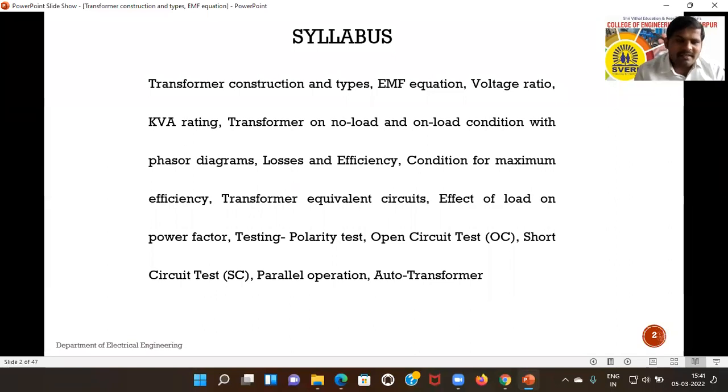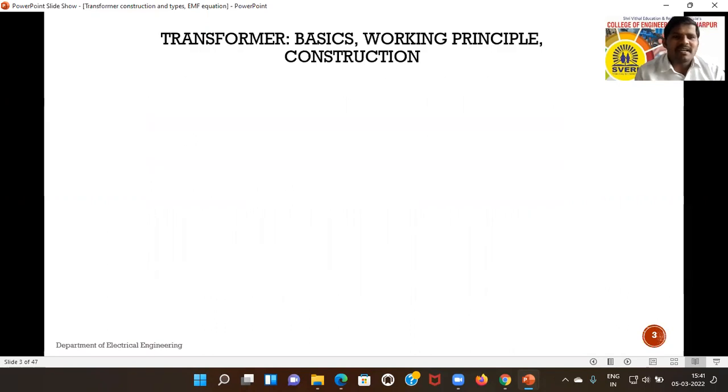Now we will discuss the first point, that is transformer construction and its working principle. Before discussing construction and working principle, we will discuss what is the transformer. Can anyone tell me the definition? Because you people already know. What is meant by transformer?